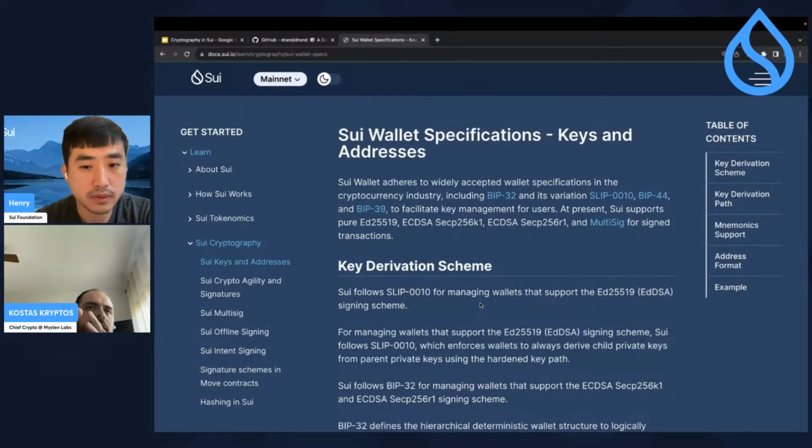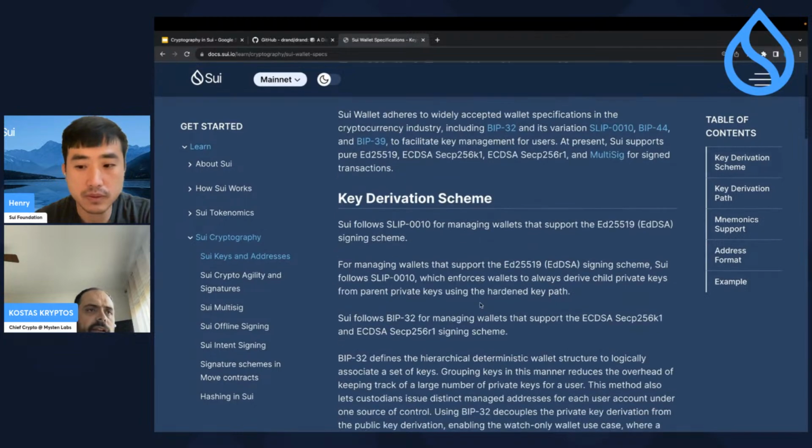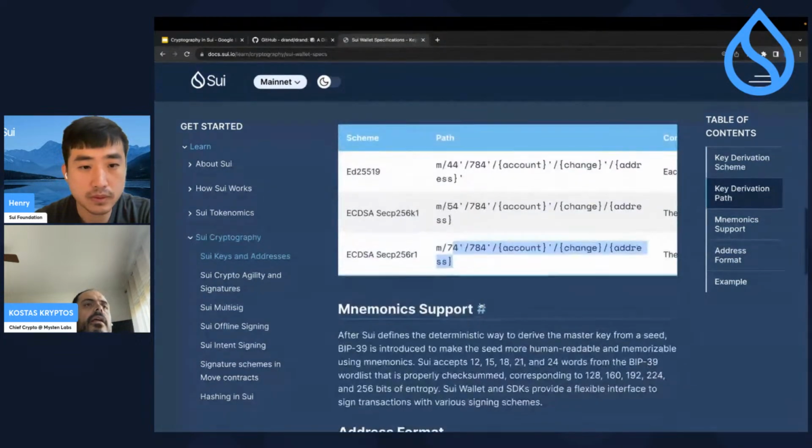We haven't found any attack on either EDDSA or either of the two ECDSAs that I described before, because as we said, there are two ECDSAs. In practice, it's a matter of preference. However, the default one, and the one most wallets out there are compatible with, is EDDSA.